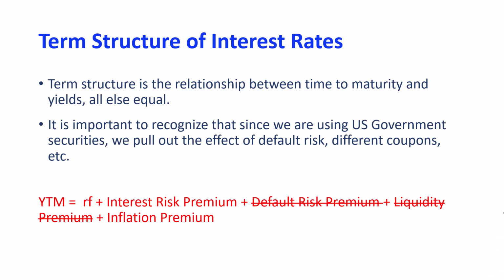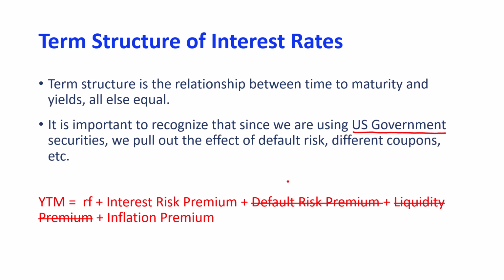The term structure of interest rate is the relationship between the time to maturity and the rate of return or yield that you're getting, all else equal. In order to construct the term structure of interest rate, we are going to focus on US Treasuries, US government bonds, US government securities.